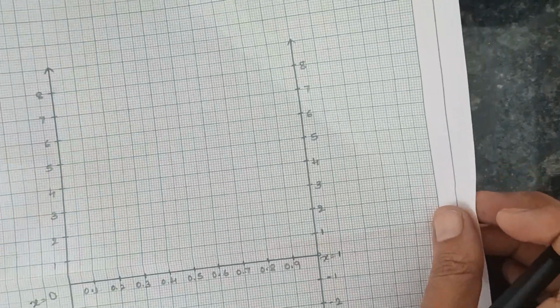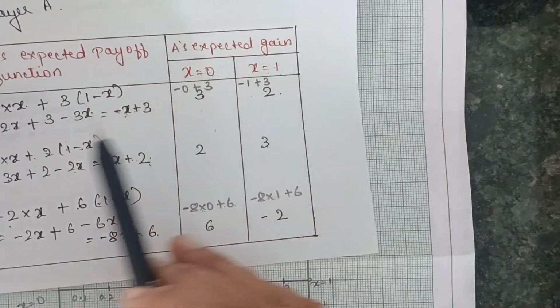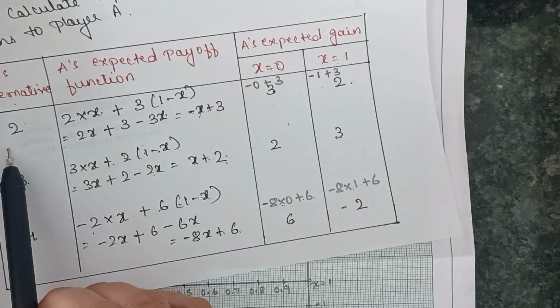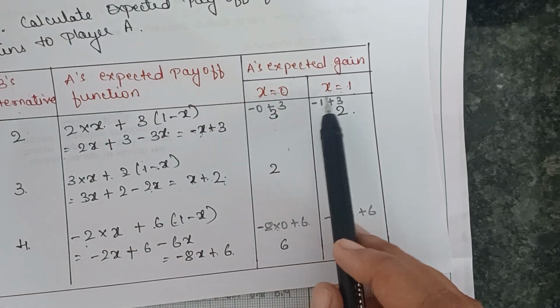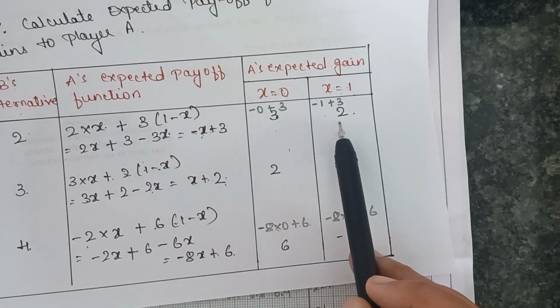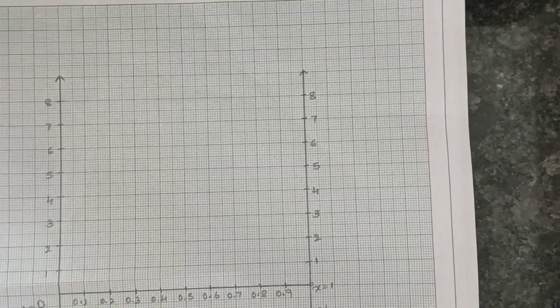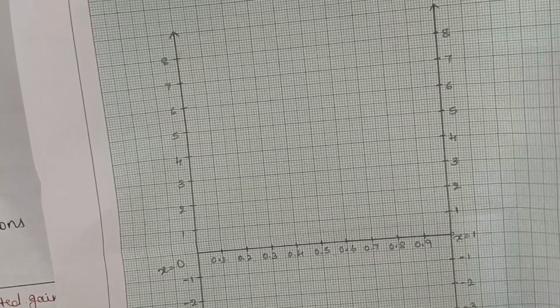Okay, so let us plot the values. For plotting the values, let us see the values once again. For the B2 strategy, the expected gain is 3 and 2: 3 when x is equal to 0 and 2 when x is equal to 1. I will mark the same. So I will keep it side by side here. Okay.